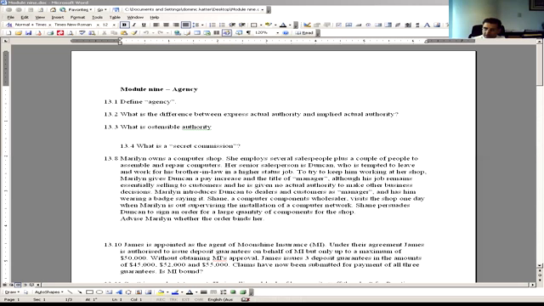And what's significant about the agency relationship, think of A, B, and C, A being the principal, B being the agent, and C being some other third party.